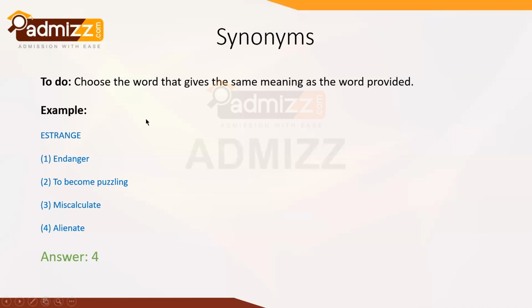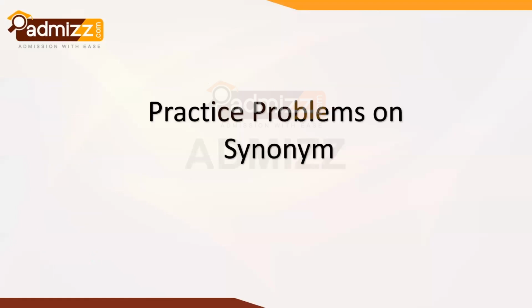For instance, take a look at this example, right? Estrange means to alienate, right? To sort of boycott someone from a particular place or from a particular event, right? So estrange and alienate have got the exact same meaning. So alienate is the synonym of estrange, right? So with that said, we'll be directly moving on to the practice problems.